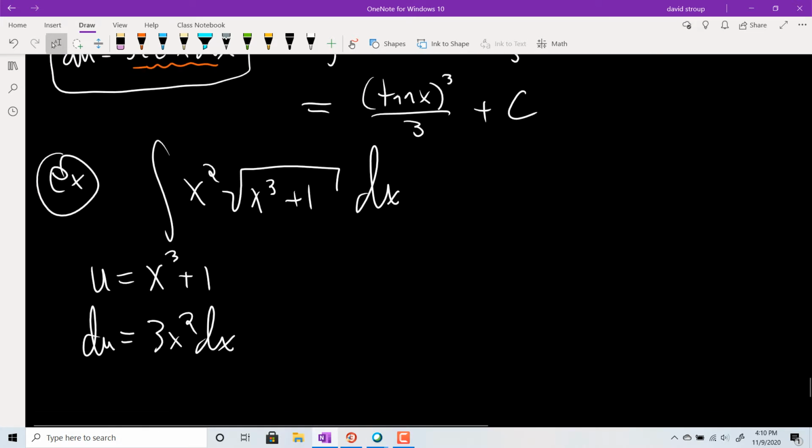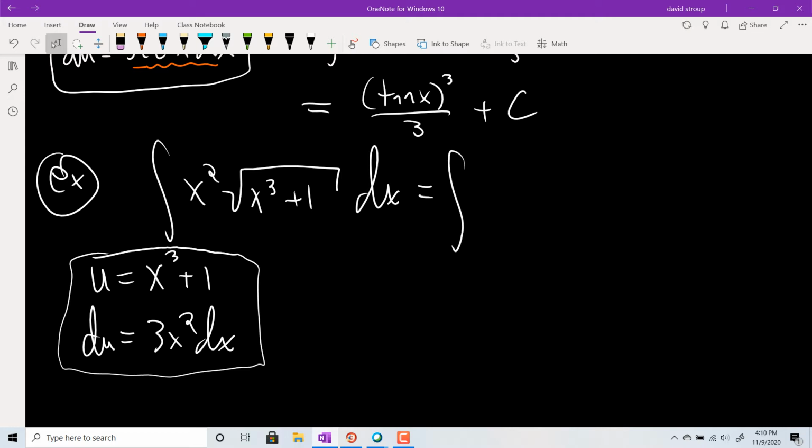I mean, there's other ways to do it. I'll show you the other way right now. You can cheat a little bit to get that 3x squared dx, right? So if you rearrange things a bit, you have the square root of x cubed plus 1 times 3x squared times dx.